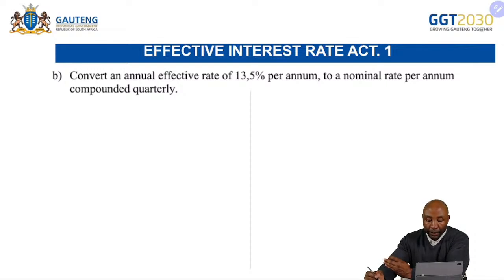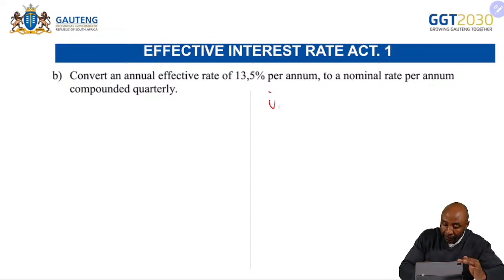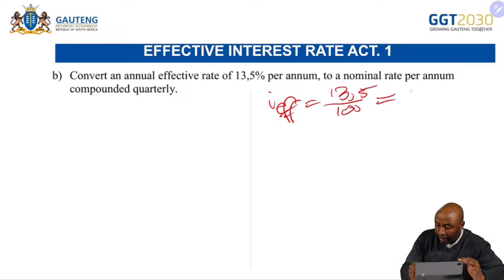Now, for part B, we are supposed to convert an annual effective interest rate of 13.5% per annum to a nominal interest rate per annum compounded quarterly. So where do we start? Our effective rate is going to be 13.5%, or 13.5 over 100, or we write it as 0.135.